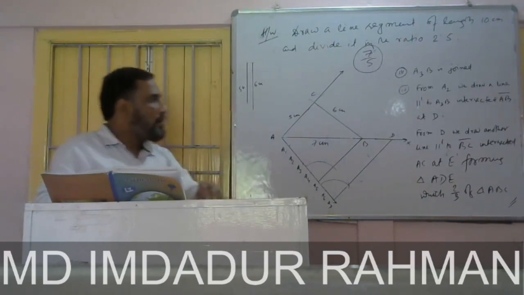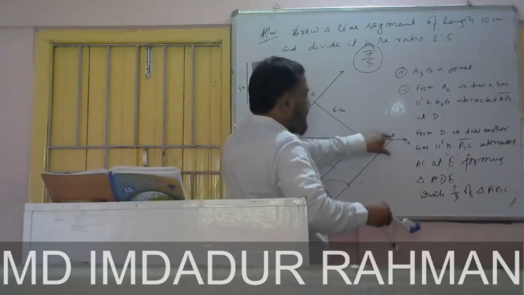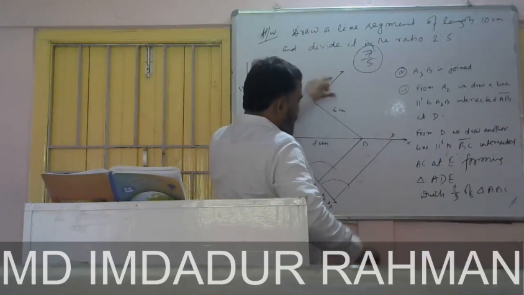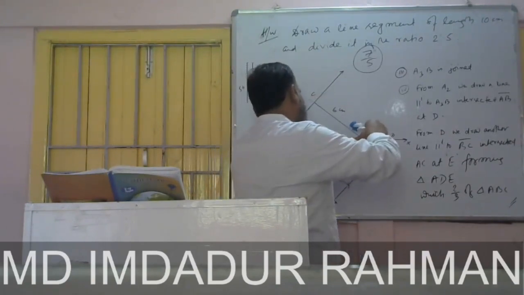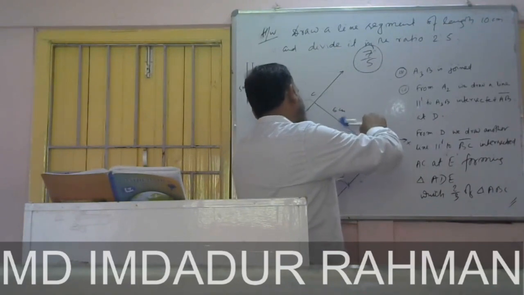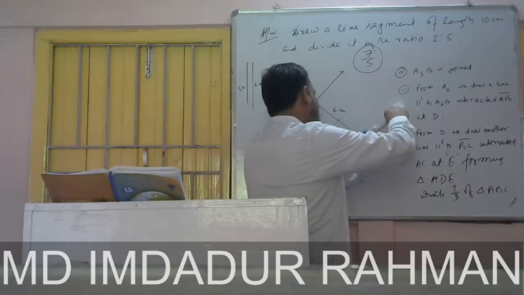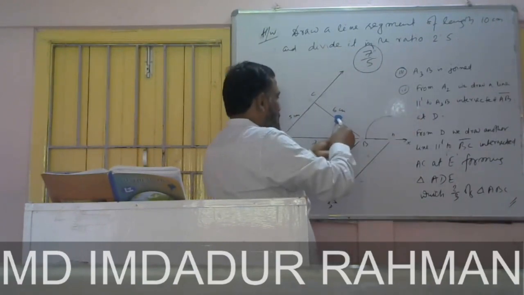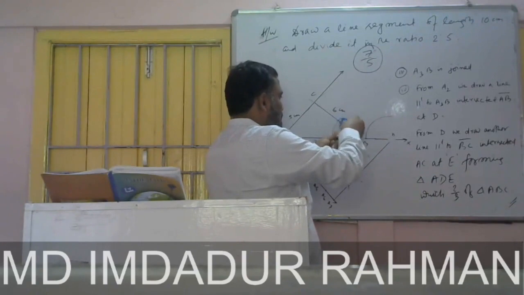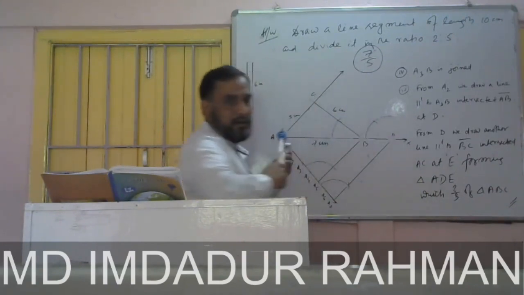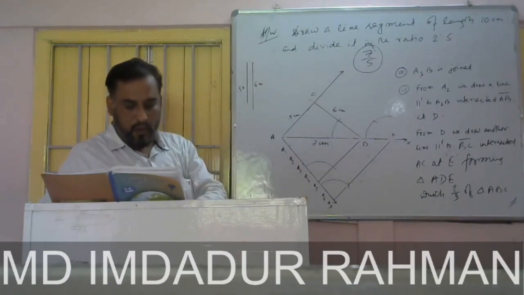Now we will join this A to D and up to this point. For that we will use the same procedure. We copy this from the D here like this, take the duplicate of this and then put here. Okay, I am just showing how to draw.